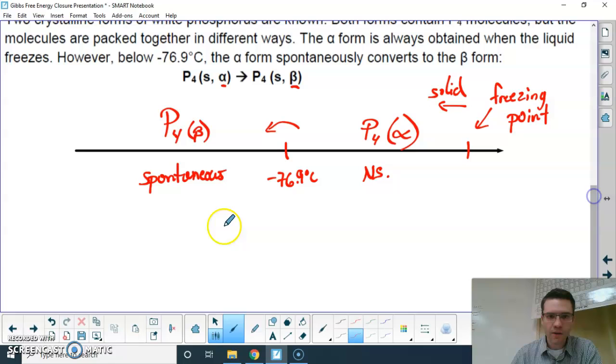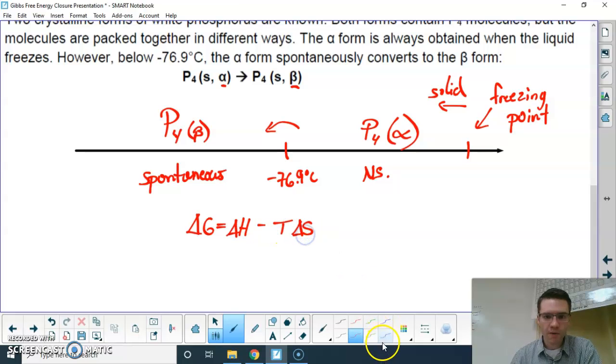That means if you look at this little equation here, delta G, Gibbs free energy, being delta H minus T times delta S, if we want to make our signs so that we're spontaneous at low temperatures, I want a negative over here when temperatures are small, and a positive when temperatures are large.